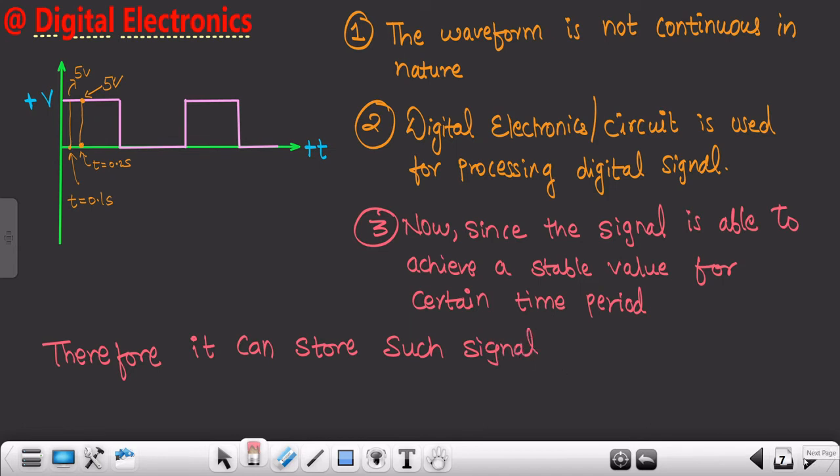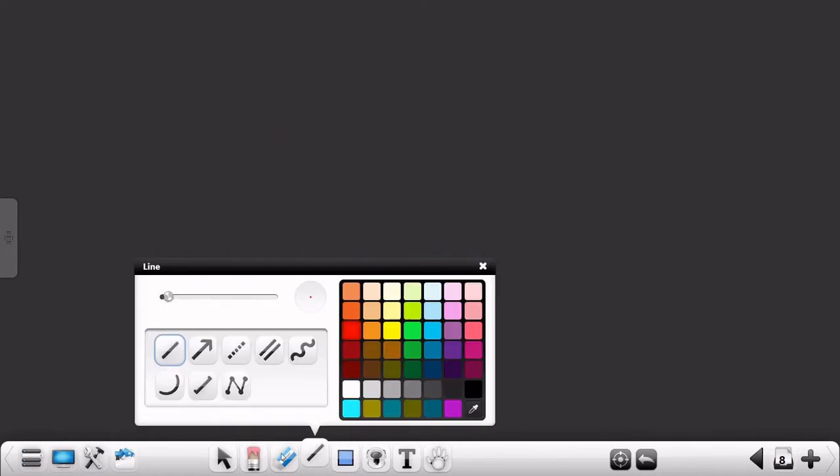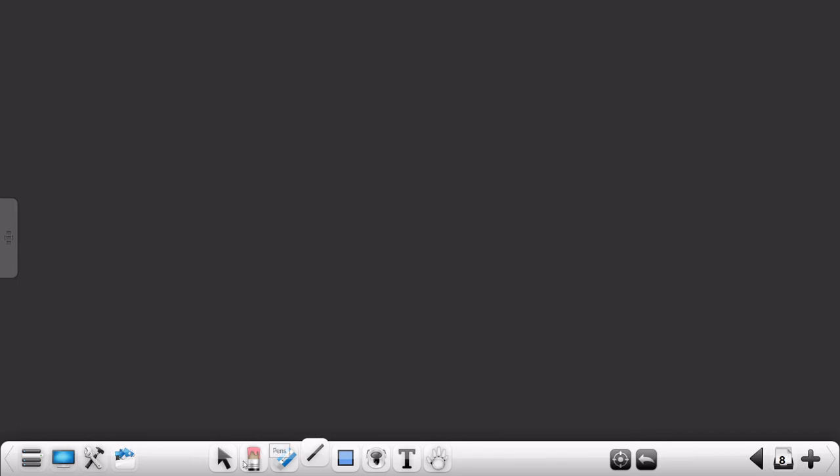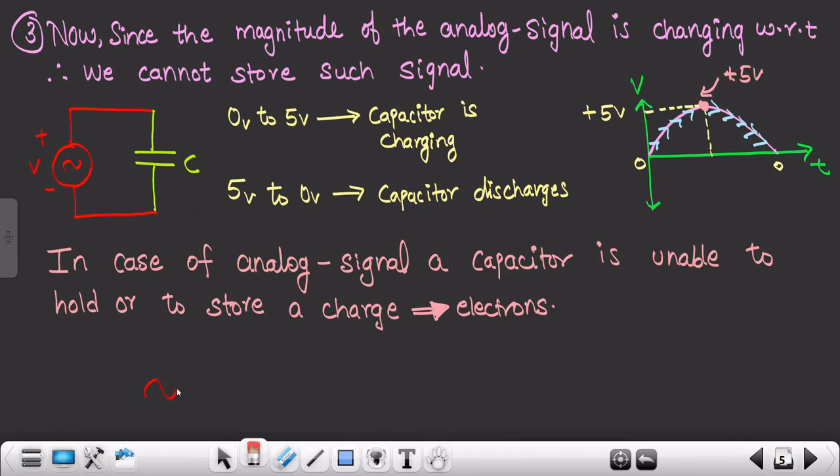So for that, what I will take, just a second, let me take this particular color and see over here, this particular thing is representing that I'm providing a digital signal. On the contrary, if you see such a kind of signal, it represents that I'm providing an analog, a sine wave signal, right?